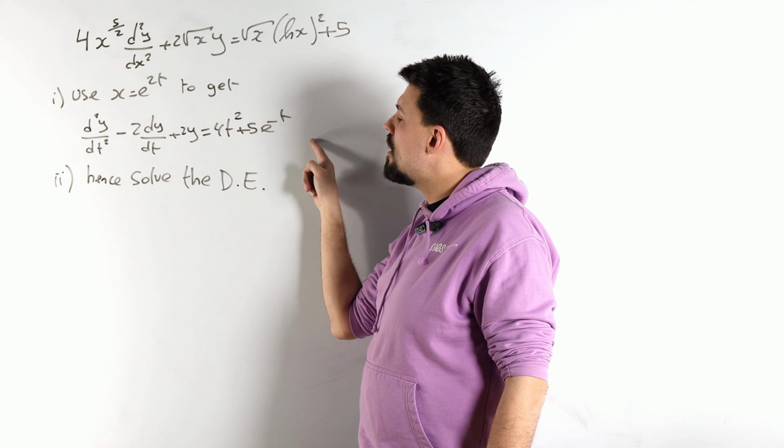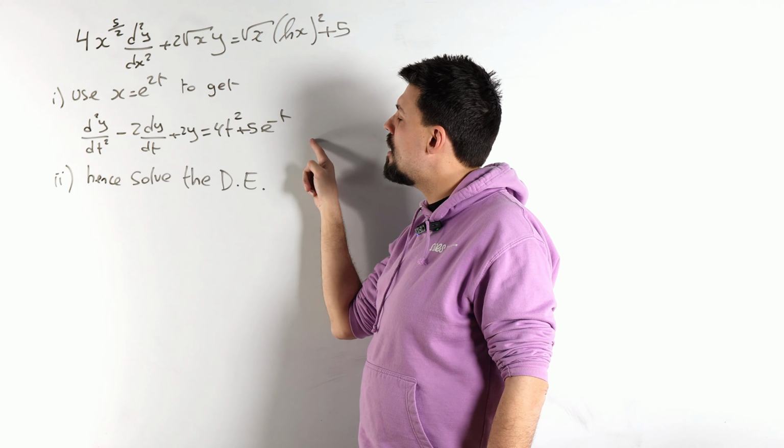Now, I end up with 4 times x to the 5 over 2. Take that to the power of 5 over 2, I get e to the 5t. So that's nice. Times this: minus 1/2 e to the minus 4t dy dt plus 1/4 e to the minus 4t d2y dt squared, plus 2.